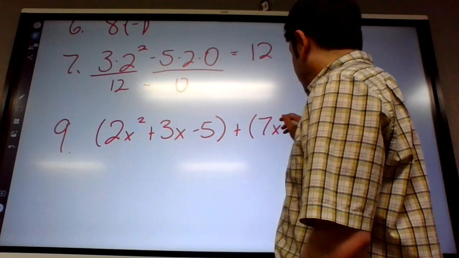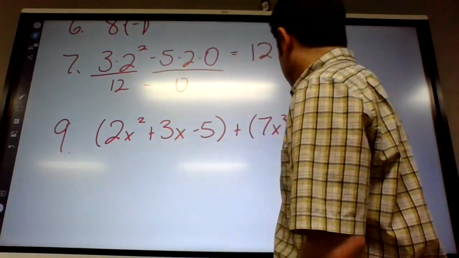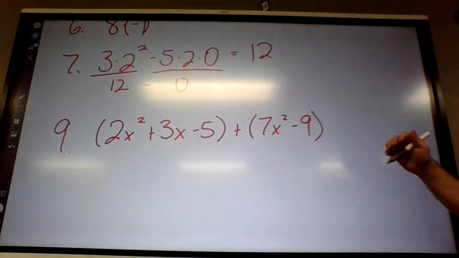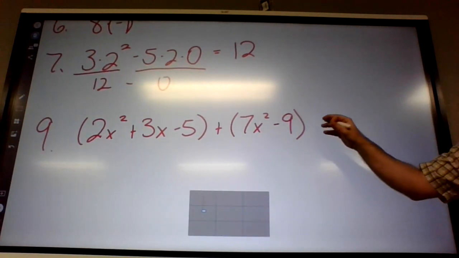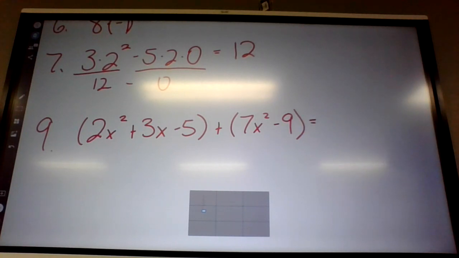The rules change depending on what kind of problem we're doing. So when we're adding polynomials, James, what's the rule for that? If you're explaining what to do to somebody, how would you do that?